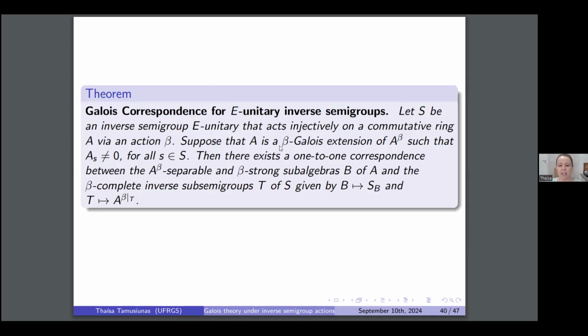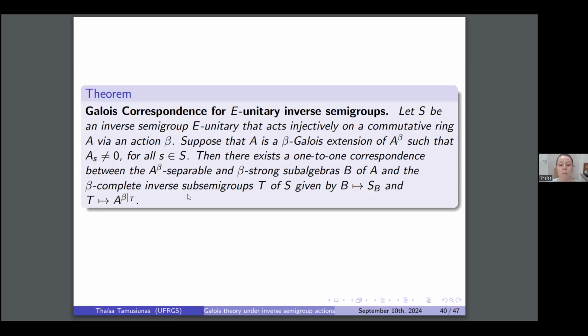And suppose that A is a beta Galois extension of A beta, such that each ideal is non-zero. Then there exists a one-to-one correspondence between the A beta separable and beta strong subalgebras B of A and the beta complete inverse subsemigroups T of S.